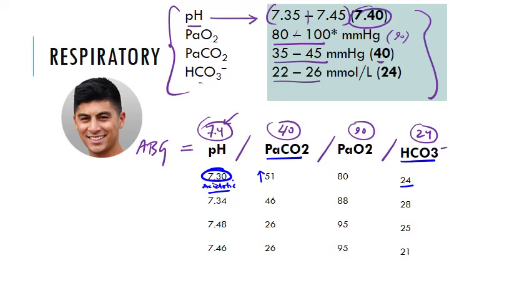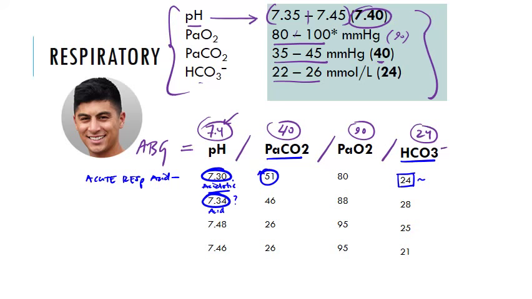So we can estimate that this is an acute respiratory acidosis. And the reason I'm saying acute is because I don't see any evidence of any compensation here. The next one, again, we have an acidotic state.